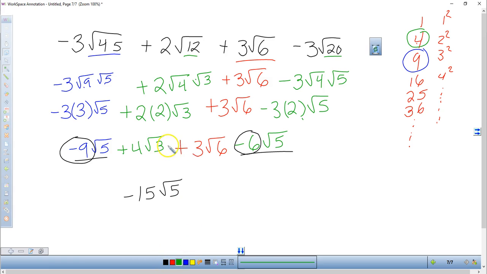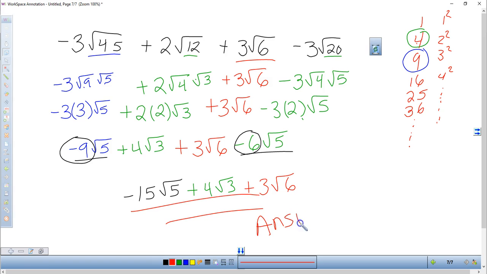And then everything else, these two cannot combine, so we make the list. And that's going to be our answer. So the steps are simplify, break down, multiply, combine like terms.